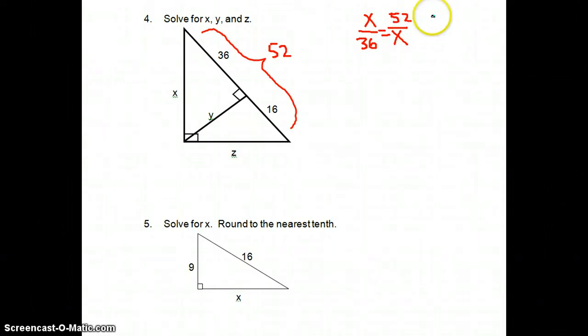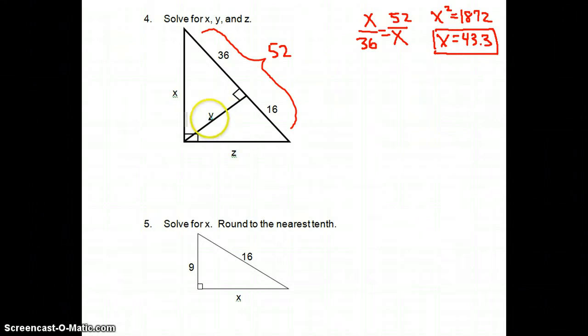So 36 times 52 is 1872. Square root of 1872 is 43.3, so x equals 43.3. Box that off to separate it.